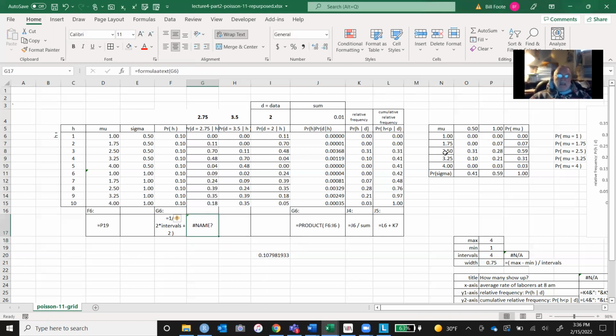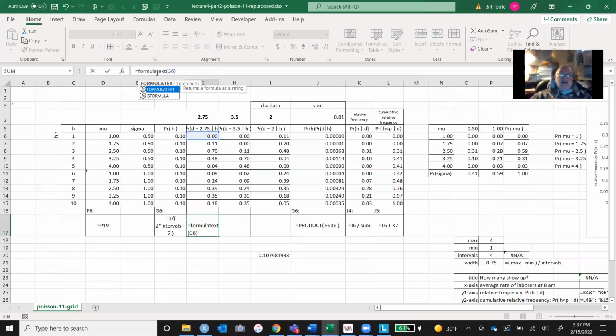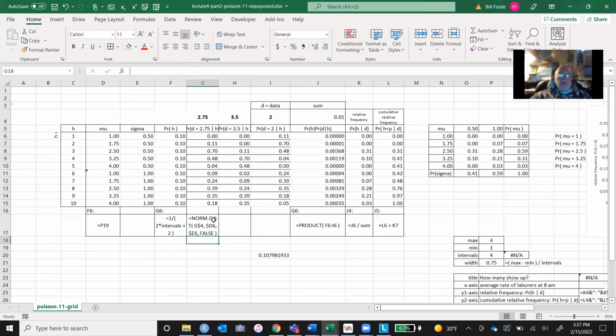Oh gosh, 2 A's there. There we go. It was norm dist. And over here, we verified it. And let's just put that formula there too.